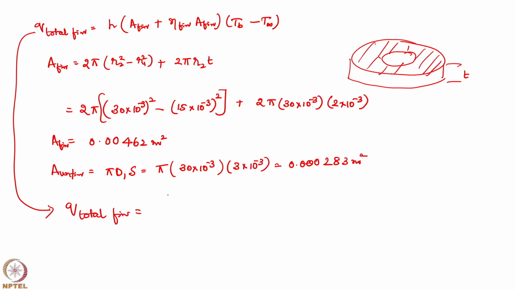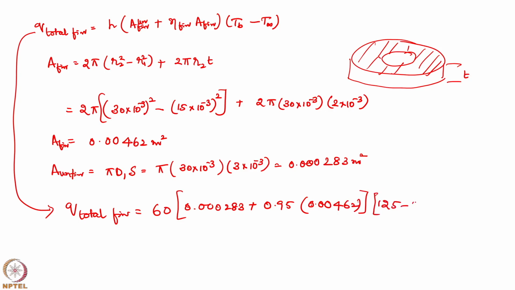H is 60 into the area of the unfin, 0.0000283, plus efficiency of the fin 0.95, area of the fin 0.00462 into (TB 125 minus 27).